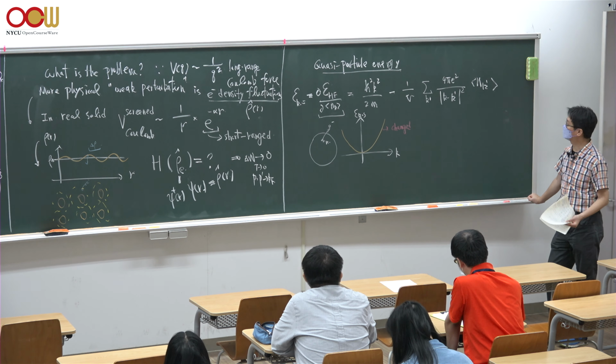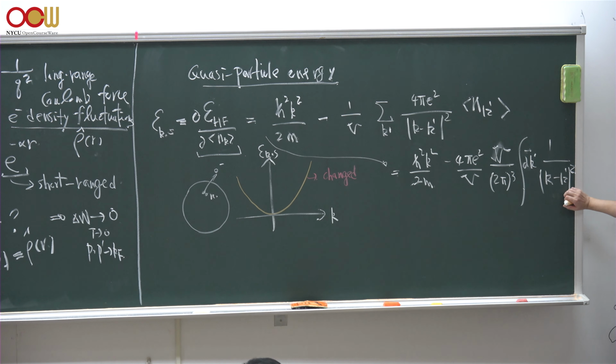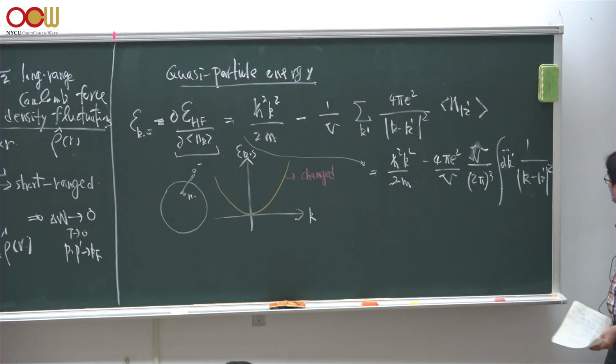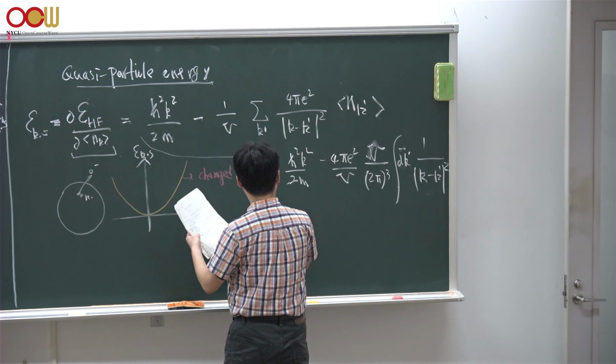Let us continue calculating this. Remember, this is nothing but 1 over q squared, and you integrate over dk prime. You can look at Kittel or Ashcroft and Mermin to see the result of this integration over k prime, where the integrand is 1 over k minus k prime squared. So it is a logarithmic function of k minus kF.